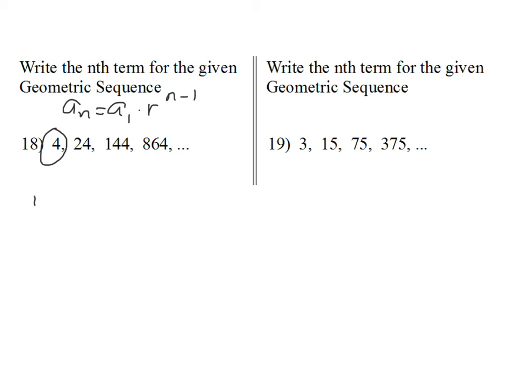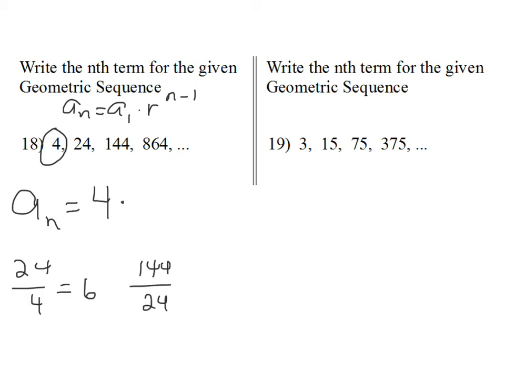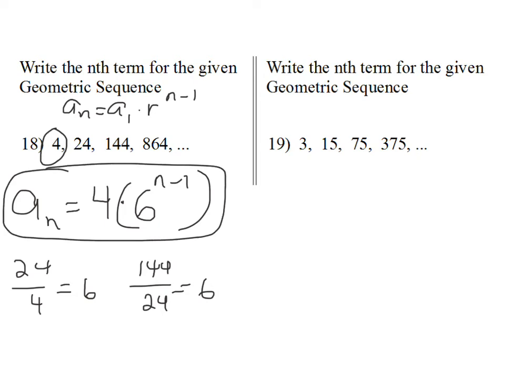So we have our a sub n term is going to equal 4, and then the rate in which we're doing this, well, if we take 24 divided by 4, that's equal to 6. 144 divided by 24 is also equal to 6. So my r, my constant ratio, is 6 to the n minus 1. Sometimes it might be written like this, but there's your a sub n term.